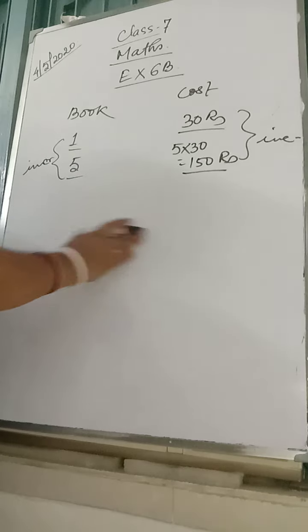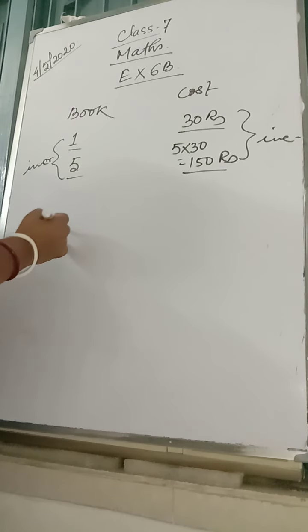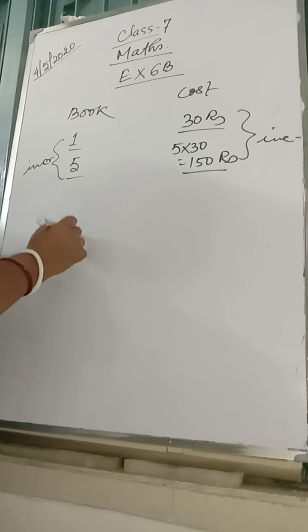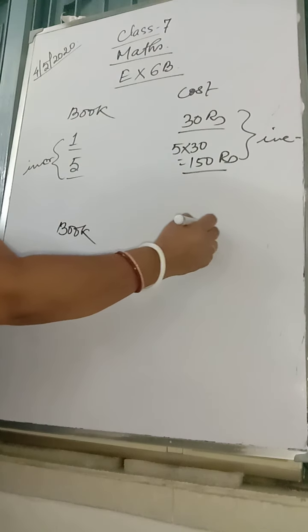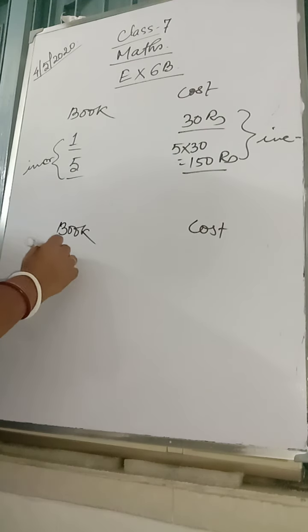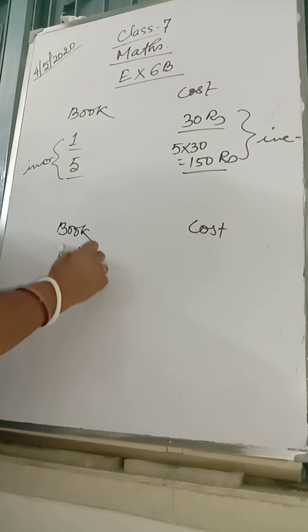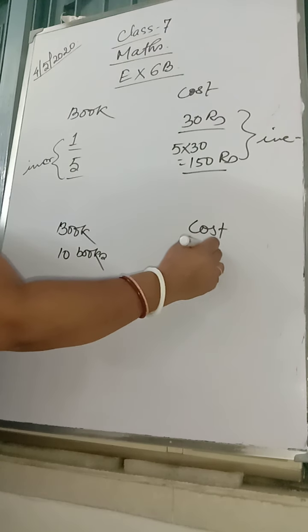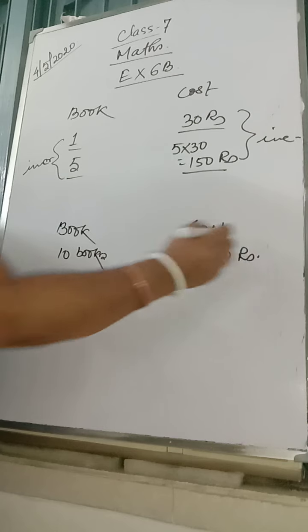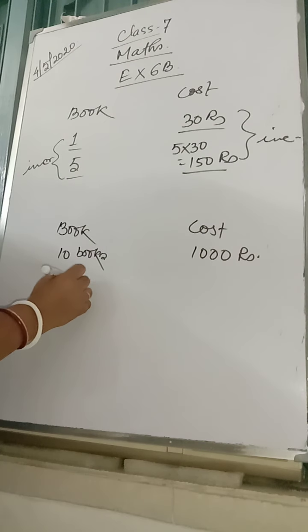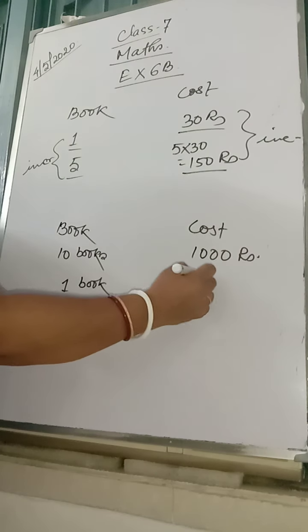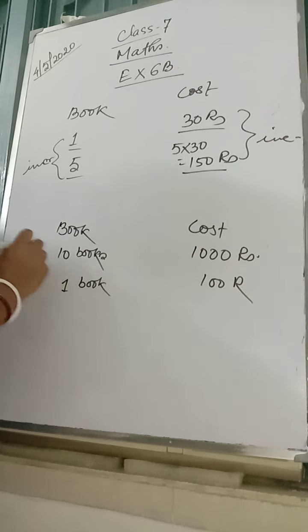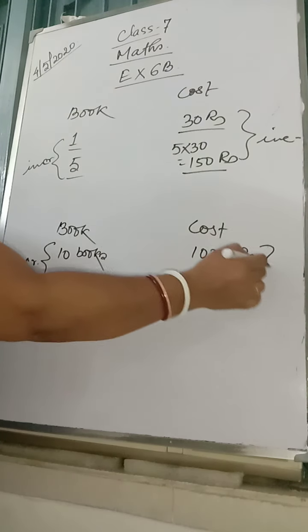Come to the decrement. Again with the book and cost only. 10 books, 1000 rupees. So one book will be how many rupees? 100 rupees. So this is decreasing. So this is also decreasing.